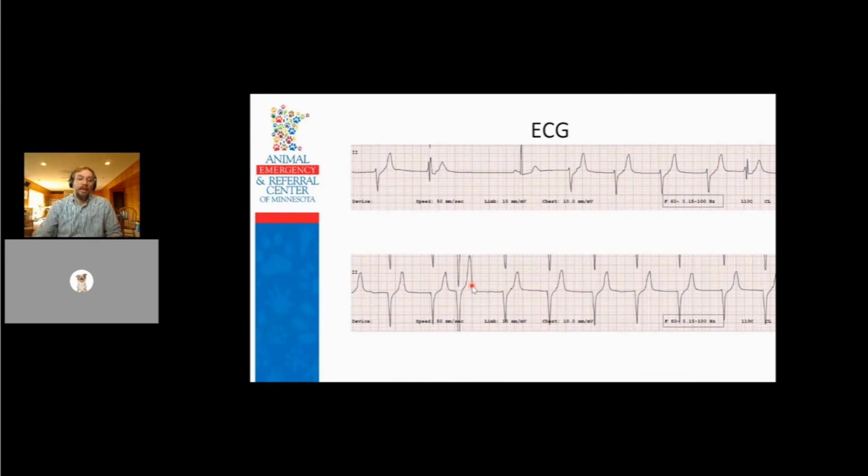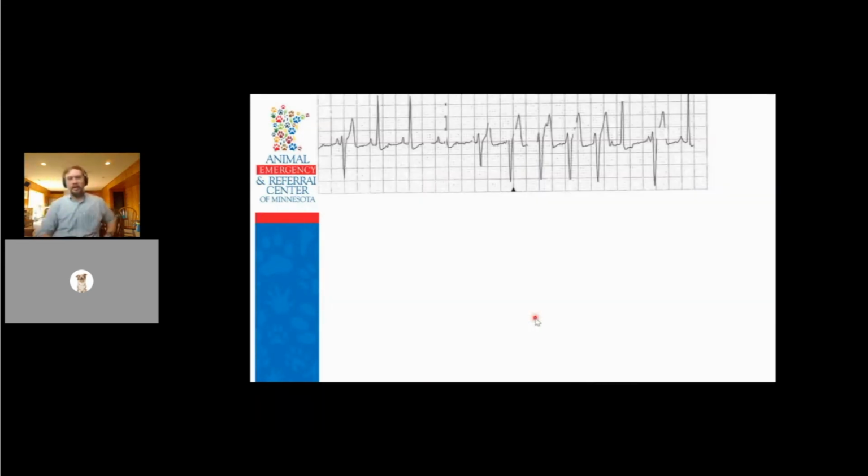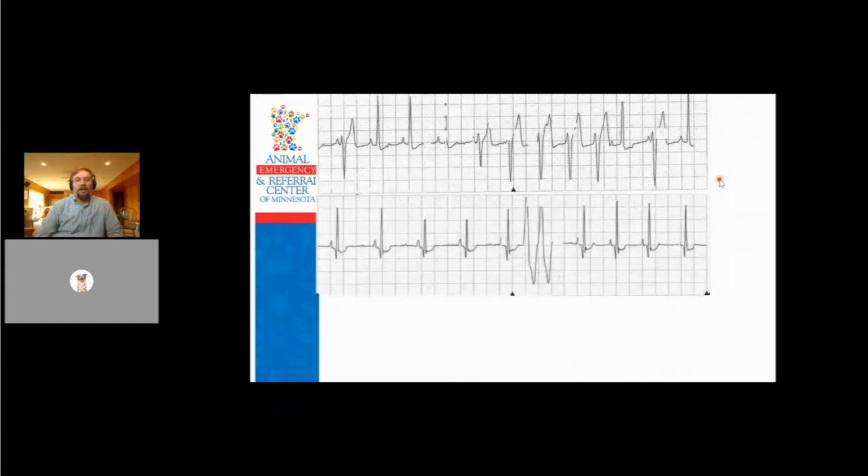So I'm not concerned about this part, but when we start getting fast couplets, I get a little more concerned. Here are some telemetry tracings from a dog I once had hospitalized. You have a sinus rhythm, and then we have this ventricular rhythm at about 140, 150. I was like, okay, that's fine. But every now and then we'd have this fast R on T couplet.